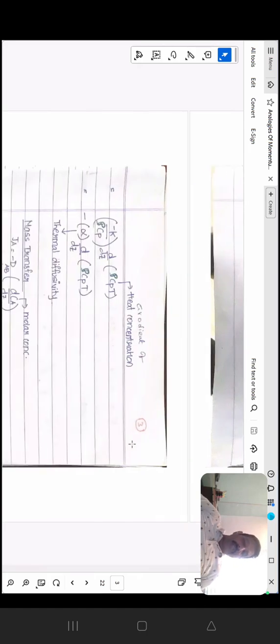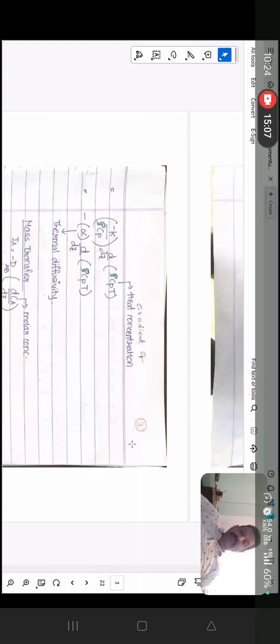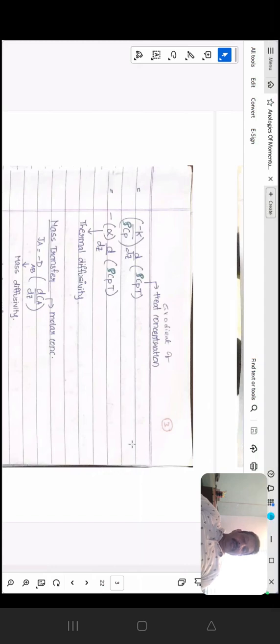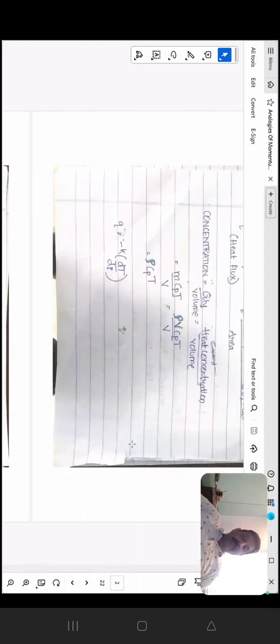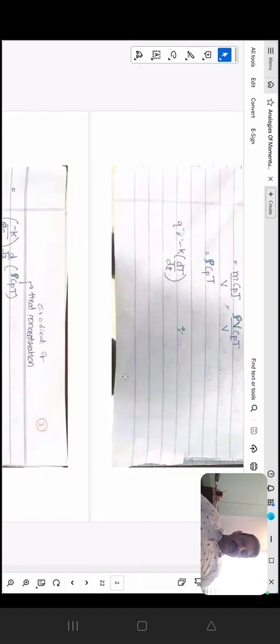So rho Cp T is the gradient of heat concentration. See how this rho Cp T came about. The quantity is nothing but m Cp delta T by V, per unit volume. m is written as rho into V, density into volume. So V cancels, giving rho Cp T. Right?